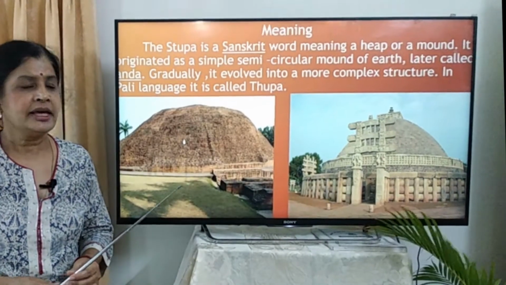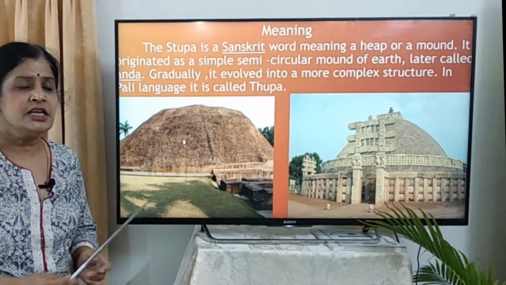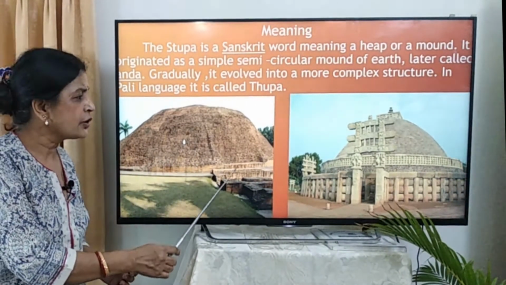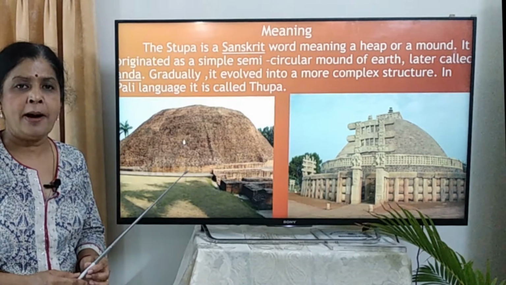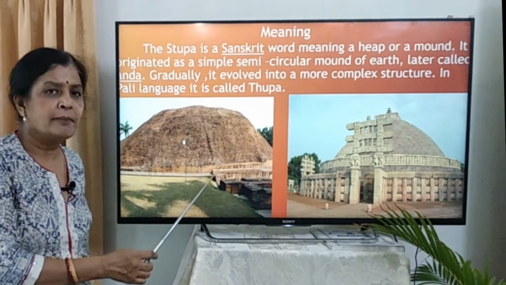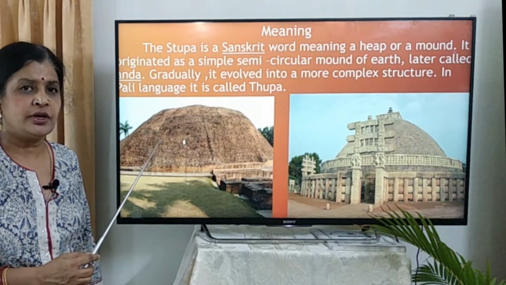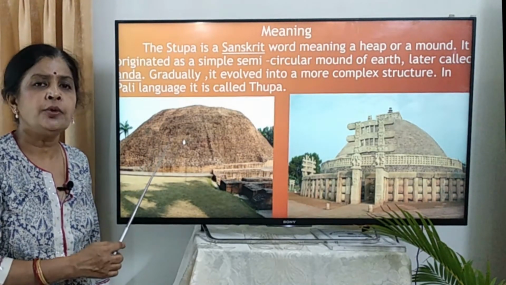You all can see two different pictures. You are seeing that it is a semicircular mound. So stupa means a semicircular mound. It is called stupa in Sanskrit and in Pali we call it thupa.